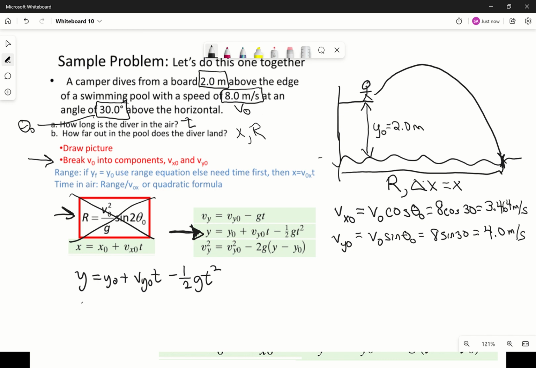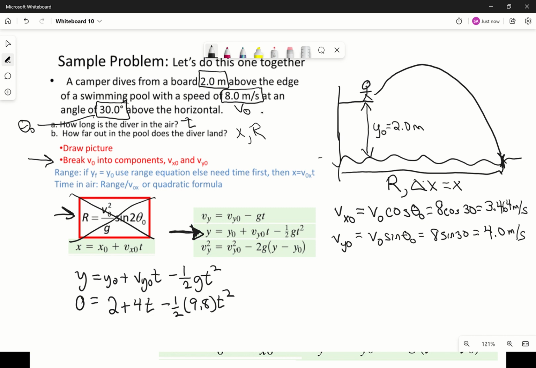So we know y, that's where he lands, is 0. y0 is where he starts off, that's 2 meters. vy0 is 4 meters per second. And then we have t, which we don't know, minus 1/2 g. g is 9.8 times t squared. So I know everything there. I can solve for t using the quadratic equation.